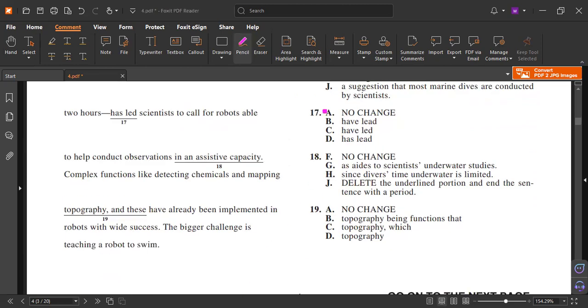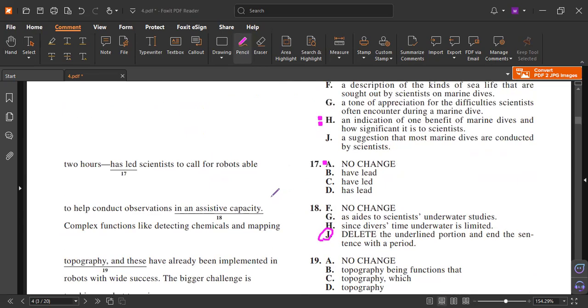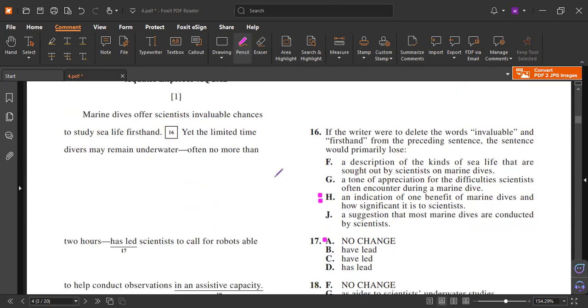18 J. 18G or J. J. But wait, let's know why it's a J. Because it's redundant. All of this information is already mentioned. If you read before, you will find it.